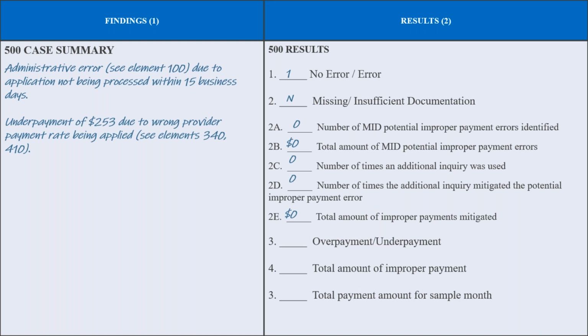I think in our next example, we will be filling those out with real numbers. We had an underpayment, so we code 3 as U. The improper payment amount was $253, and the total payment amount for the sample month was $92.